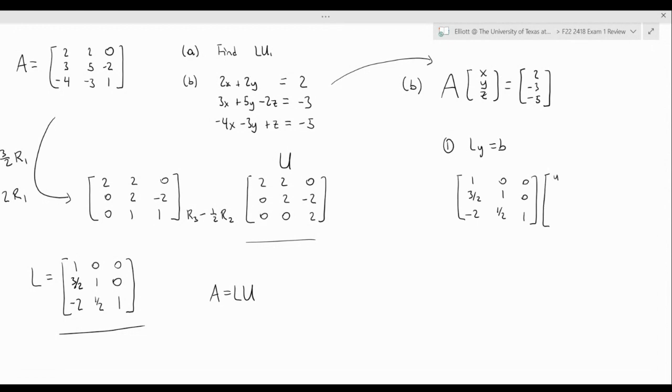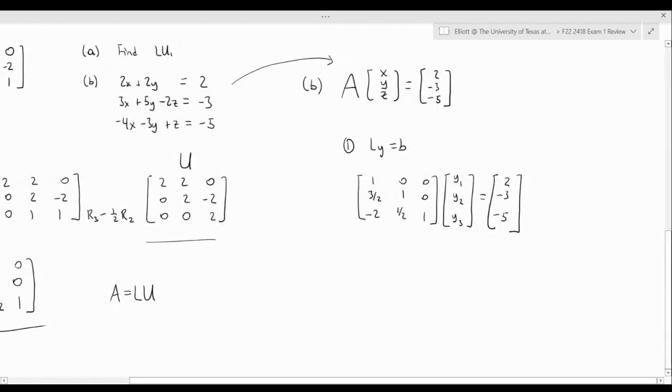And y is just a placeholder vector, so just do y1, y2, y3 for y. And then we're going to set that equal to b, from the right-hand side of our system, 2, minus 3, and minus 5.